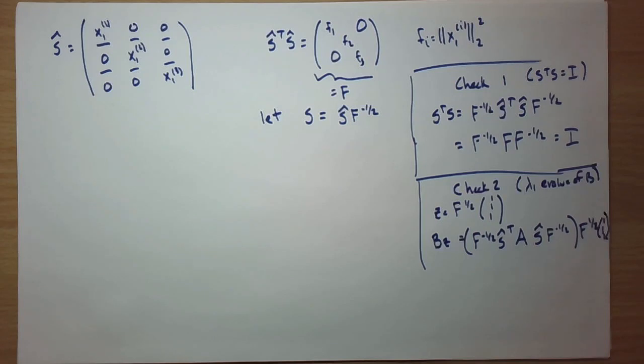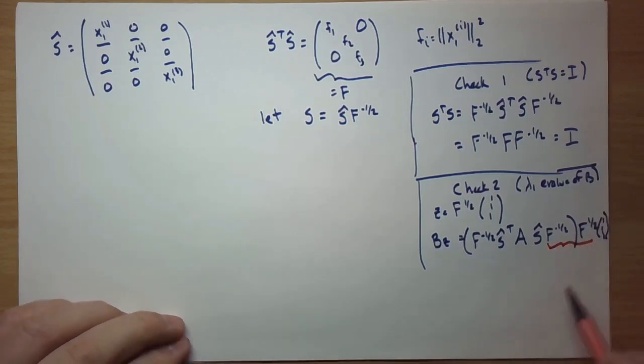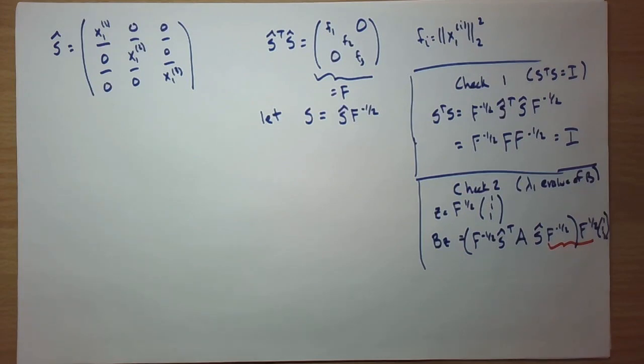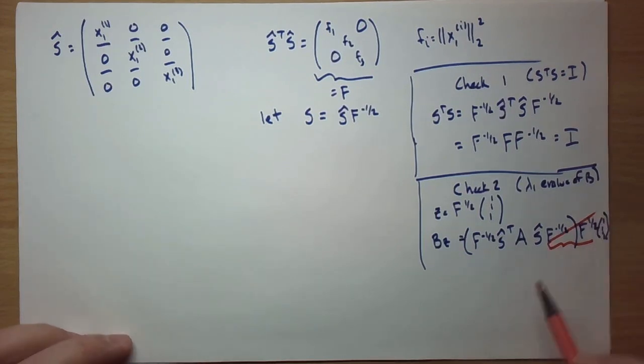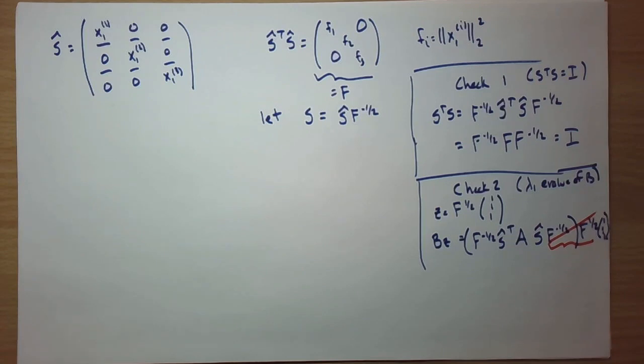All right, well, a couple things are easy to spot. Namely, F to the minus a half times F to the 1/2. They cancel each other. Now, what happens? We're taking S hat and multiplying it by all ones. If you think about what that means, when you take a matrix times a vector, you're adding up the columns.